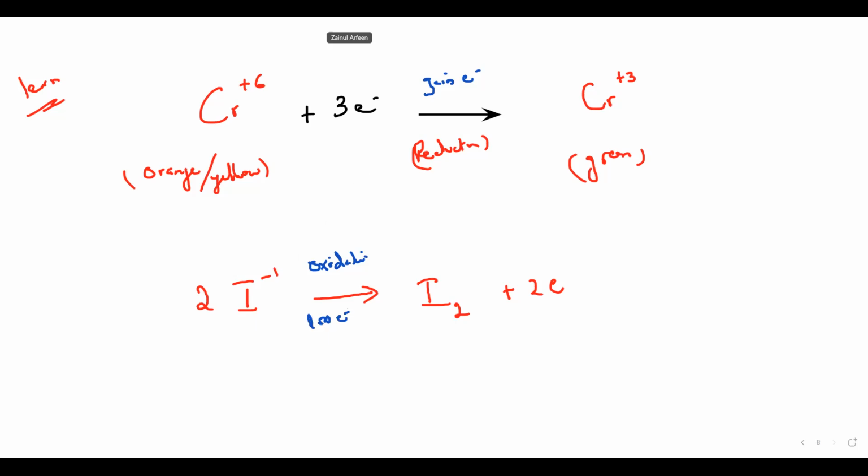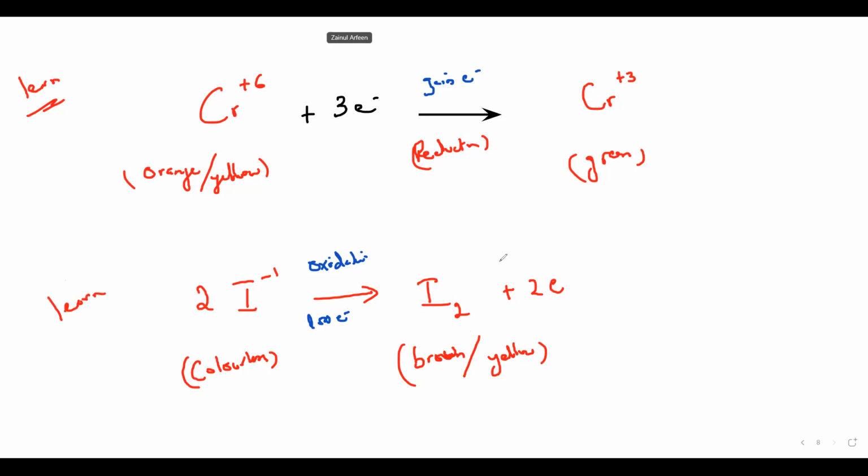Now the color which you have to learn, iodide is colorless, does not have any color, but iodine molecule can be brown. If it is high concentration iodine in water, it will be brown, or if it's a low concentration iodine, then it will be yellow. So these colors you have to learn for three of them.